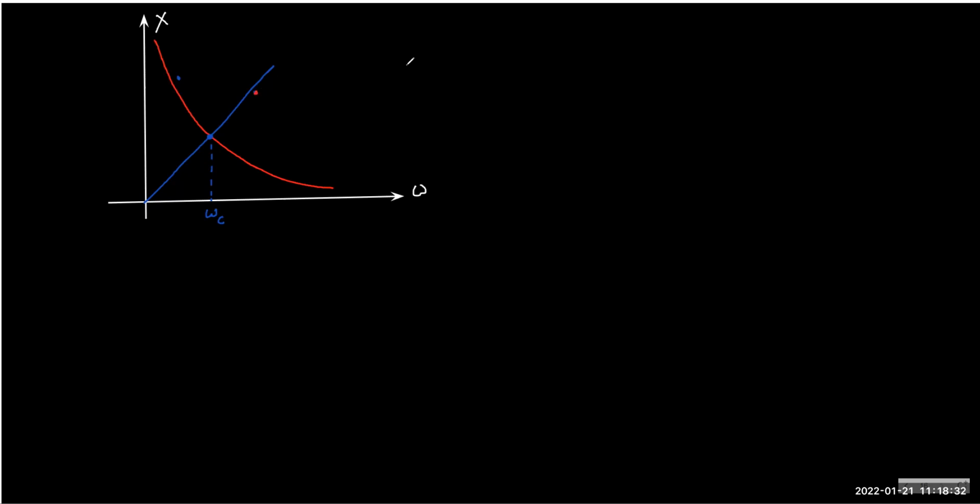So beyond this frequency, inductor dominates, and before this, capacitor dominates. So if a circuit is containing both of them, inductor and capacitor together, which we'll study as LCR circuit, then this is called the resonant frequency. We'll come to know.